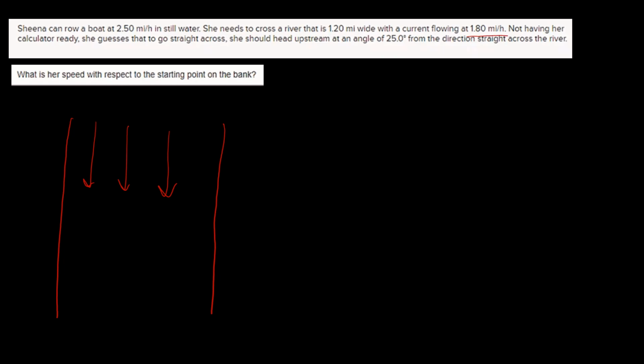So our velocity of the water is equal to 1.80 miles per hour, and Sheena rows a boat at 2.5 miles per hour in still water. She needs to cross a river which is 1.20 miles wide.